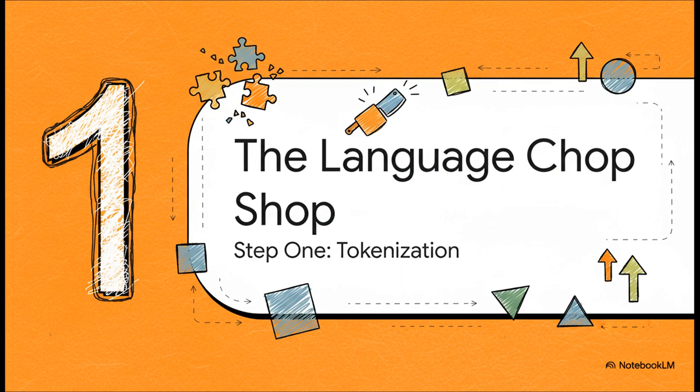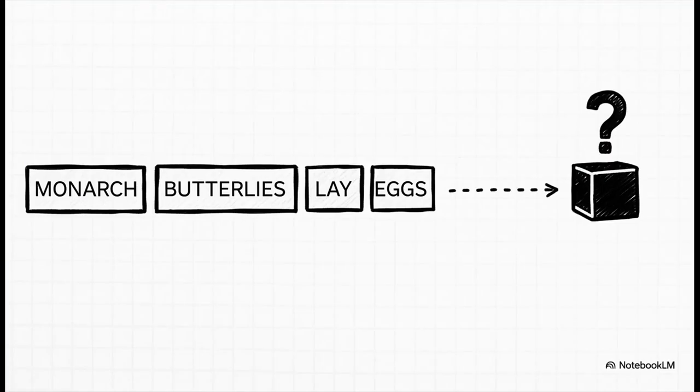See, before a computer can read anything we write, it has to break our language down into pieces that it can actually work with. Okay, so let's feed a simple phrase into our assembly line. We type in, monarch butterflies lay eggs on. To you and me, that's just a string of words. But to the machine, it's just a bunch of pixels it doesn't understand. At least, not yet.